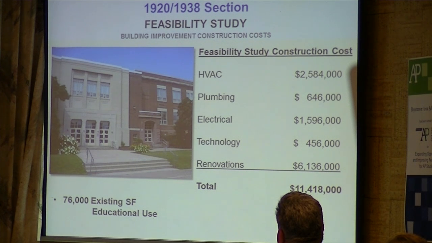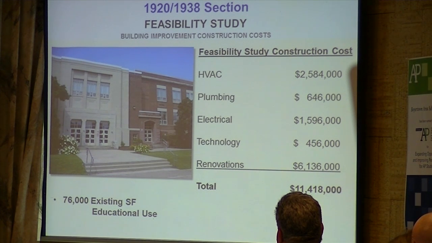So you can see this building from a square foot cost is higher than the rest of the building, obviously because it's the oldest part of the building. It isn't the 1992 section. So clearly, this part of the building requires more work to the infrastructure, to the HVAC, plumbing, electrical, and renovations include code upgrades and other things that are required in the building.